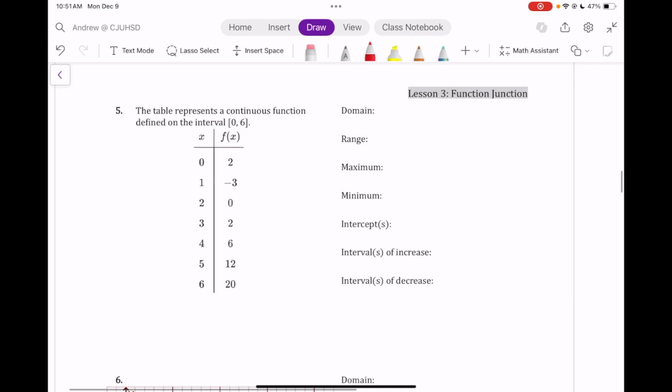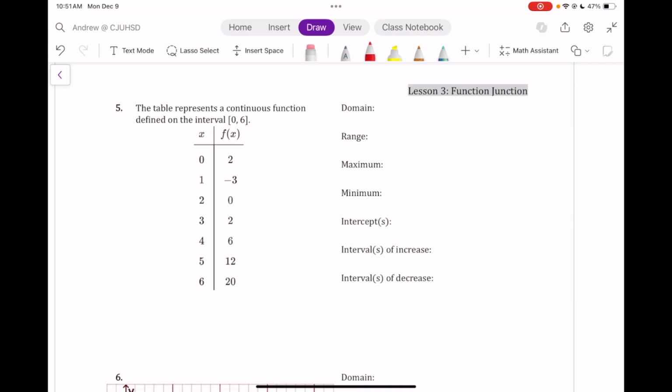Now, starting to run out of time in the class at this point. So real briefly on this one, did you notice it goes down here and then it goes up? It is a continuous function defined on the interval from 0 to 6. So that was the domain.